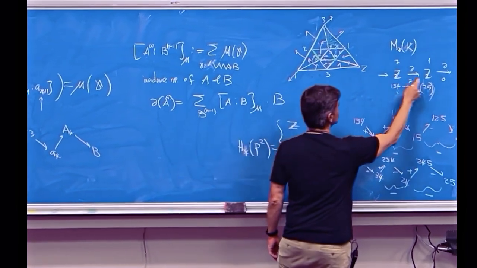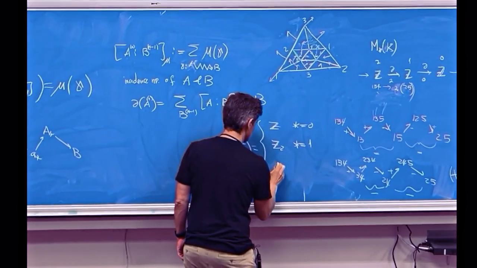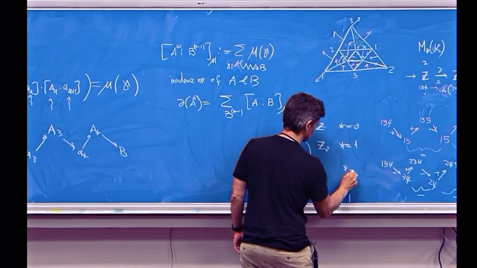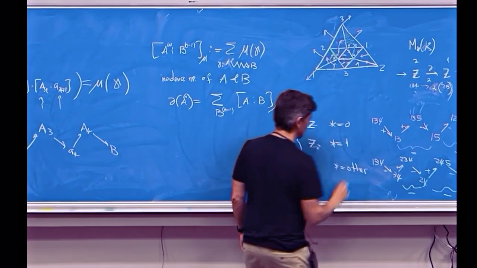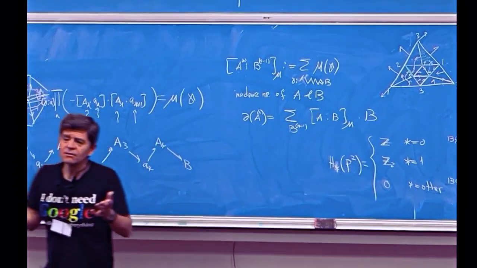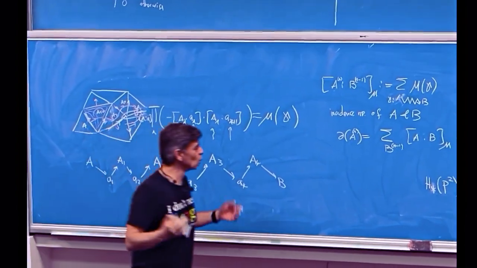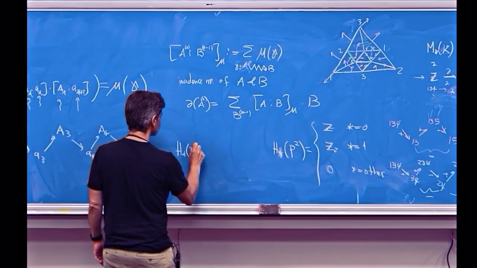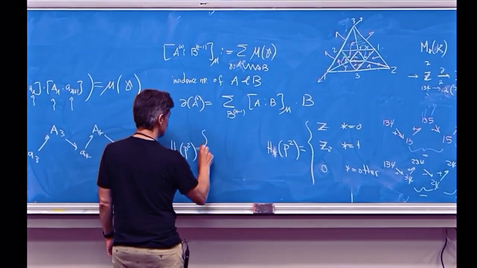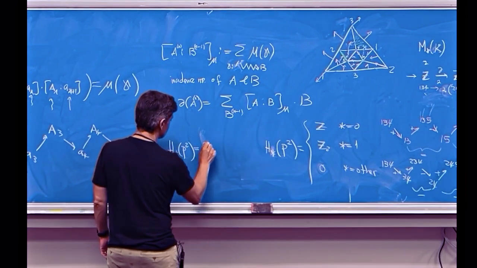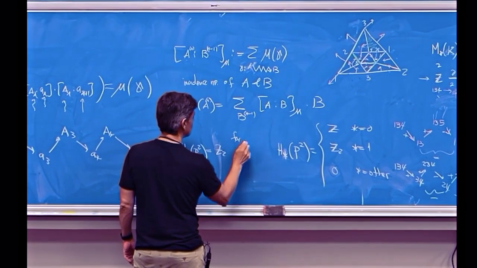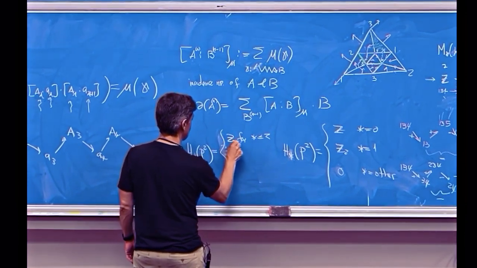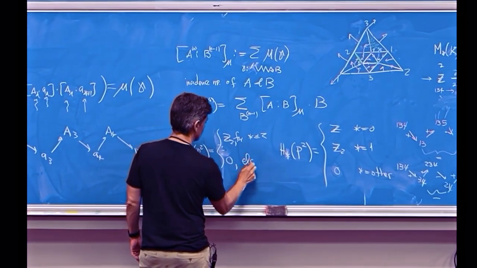And here there is no kernel. So this is 0 otherwise. And this works for any ring of coefficients or any group of coefficients. And in particular, the mod 2 homology of P2 is Z mod 2 everywhere for star at most 2 and 0 otherwise.